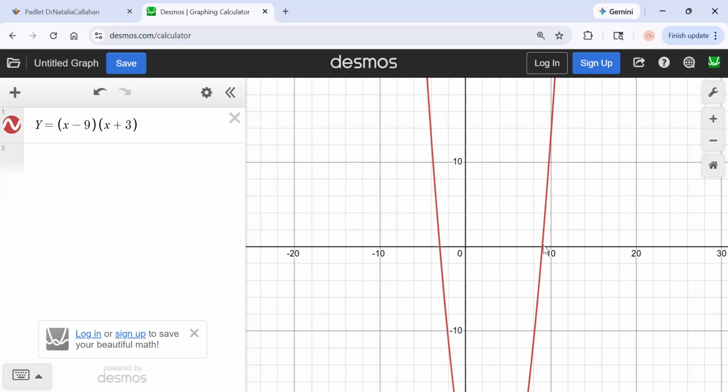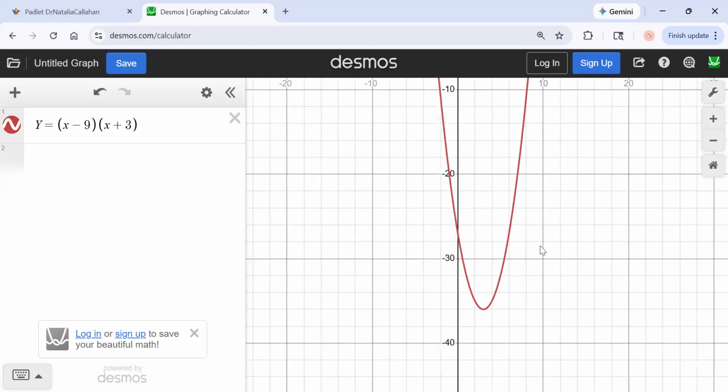Do you see that? Okay. All right, now your domain is negative infinity to positive infinity. What's your range? How far low does it go? -36. Yeah, so it's y is greater than or equal to -36. So it's -36 bracket, right? Comma, positive infinity.